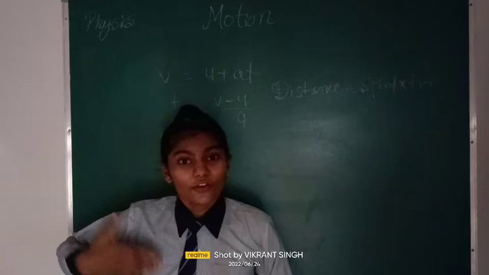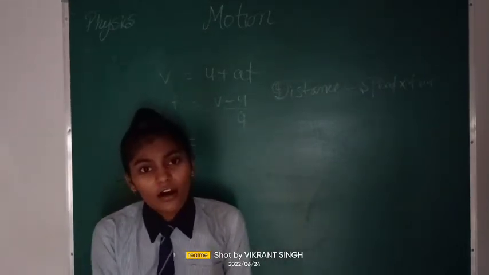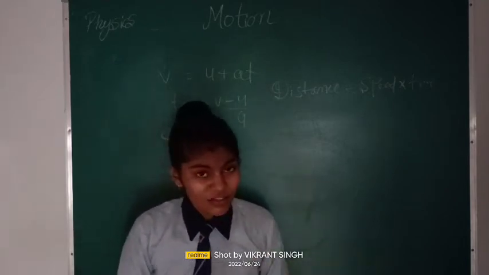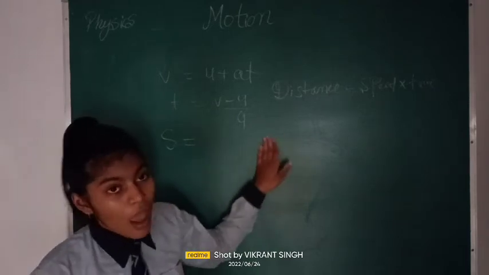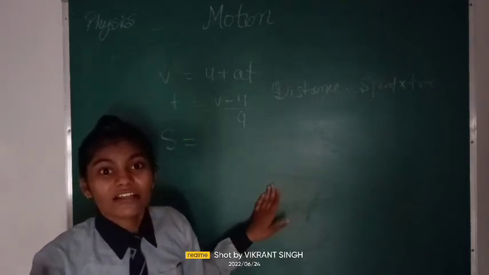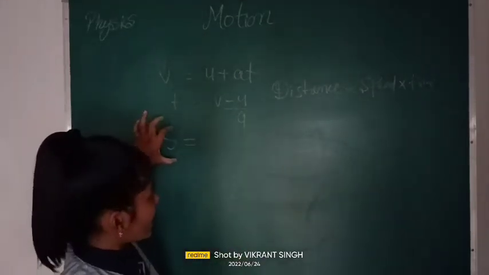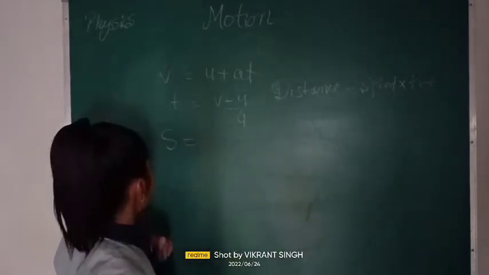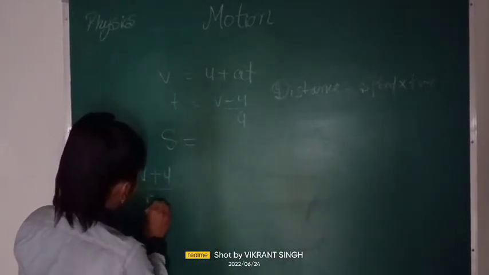But in the case of uniform acceleration, where the motion is in a straight line and the acceleration is constant, it doesn't change. So s is equal to velocity, for which we have one more formula, that is v plus u by 2.